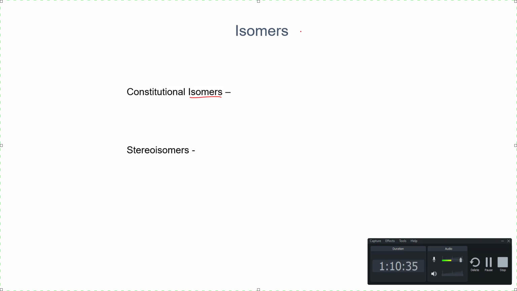So that leads us to a quick discussion about isomers. What are isomers? Isomers are basically molecules that have the same molecular formula, but they have different structures. And structures can mean a number of things. So let's say, for instance, that I have a molecule that has 2 carbons, 6 hydrogens, and 1 oxygen. How can I construct that molecule?